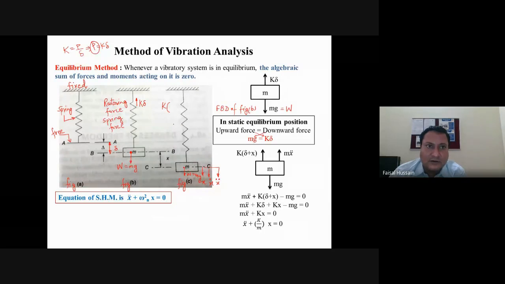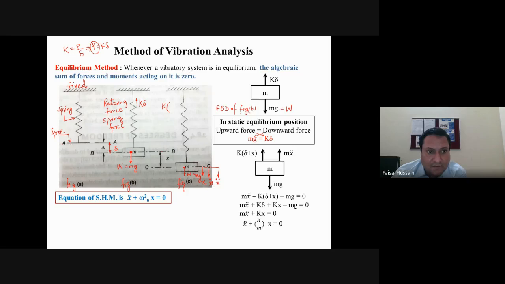Spring force is stiffness into deflection. Stiffness is K. And what is the deflection now? From the mean position, the total deflection is x plus delta.